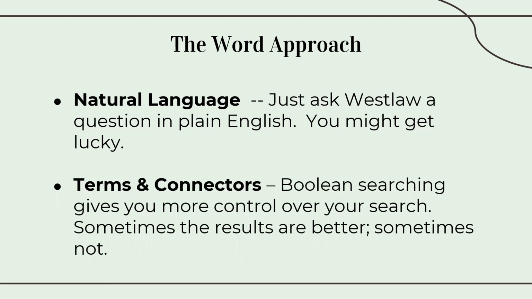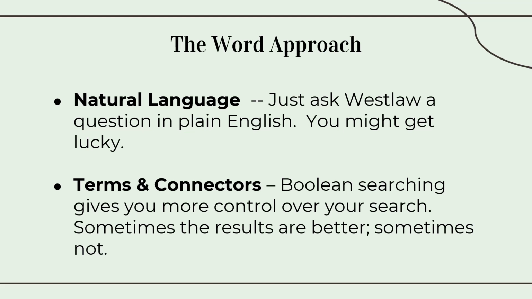We did a little terms and connectors when we were using statutes on Westlaw. And now that we're doing cases, I'm going to go a lot more into it. And basically, it's Boolean searching, which is the and, or, but not type searching, that gives you more control over your search. Sometimes you will get results that are better, and sometimes not.